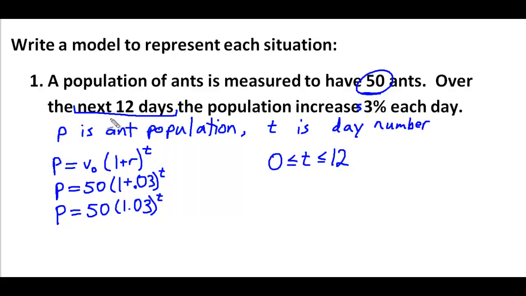Most of the other questions don't have that limitation on them. But when you're dealing with these situations, it's always important to think about those possibilities. So here's our model: P = 50 times 1.03 to the power of t. So if I wanted to know how much is the population on day 10, I can plug 10 in for t and figure out that value.